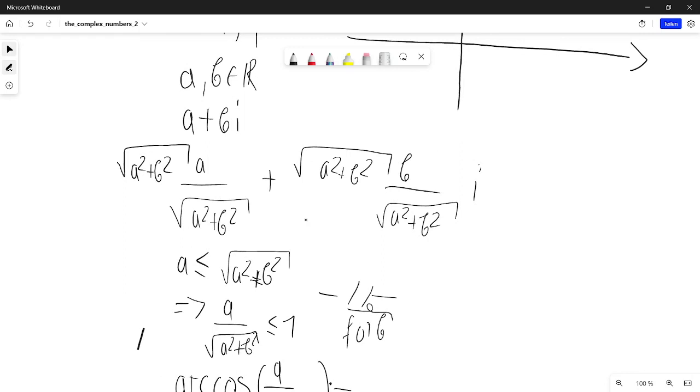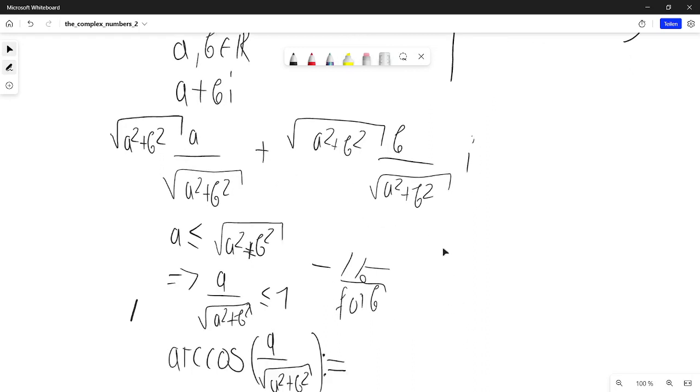But for that, we would have to show that this point has the coordinates cosine phi, sine phi, so that this would be a multiple of the radius of the unit circle, but this point would be on the unit circle, right?